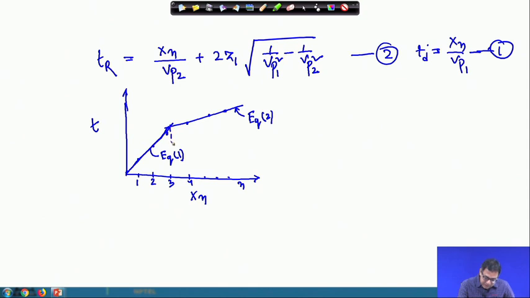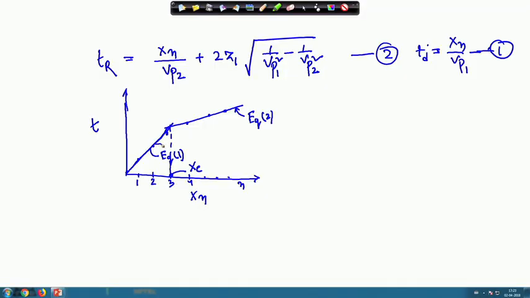If I extend this line, this will give the critical distance x_c, where both the rays reach at the same time.